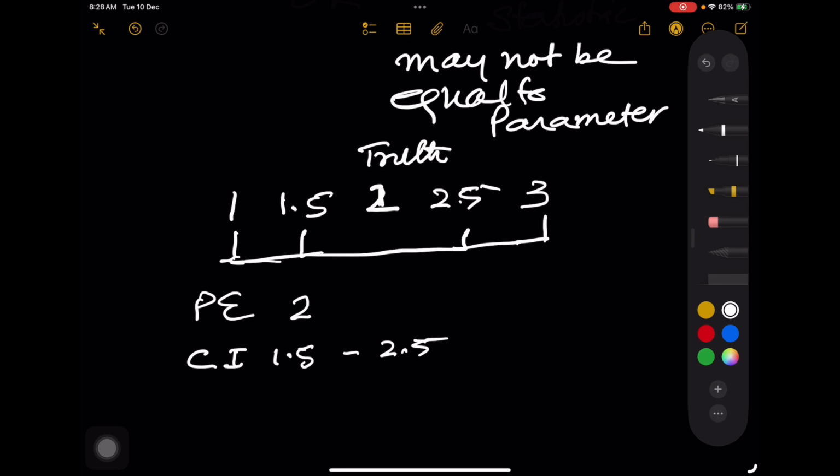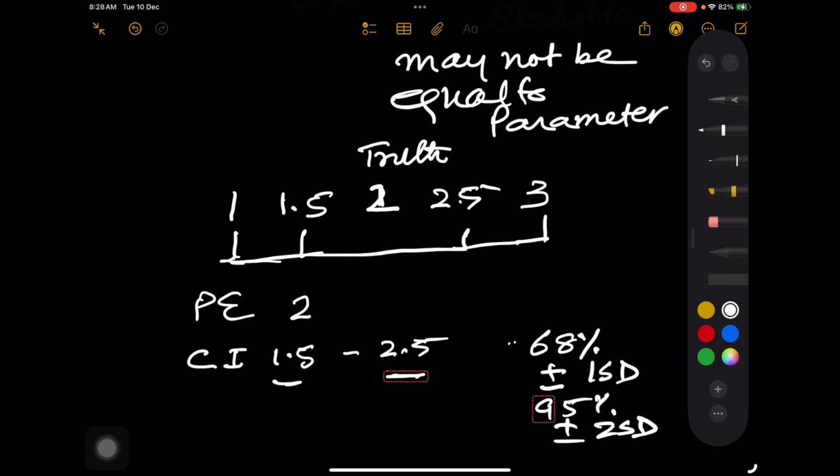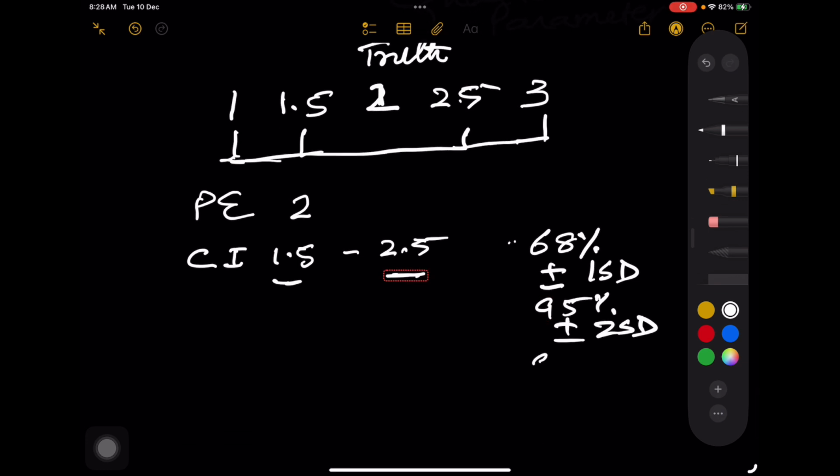The width of the confidence interval can be 68% if it is plus minus 1 standard deviation, 95% if it is plus minus 2 standard deviations, and 99% if it is plus minus 3 standard deviations.